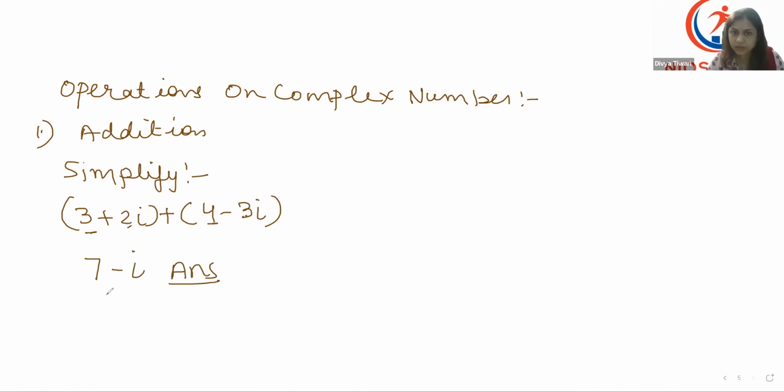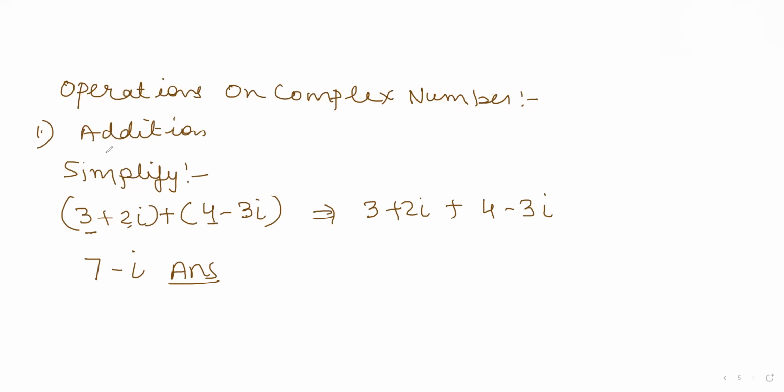Neha, is it clear? If we open this bracket, what do we get? 3 plus 2i. Here also I open this bracket, then I will get 4 minus 3i. As I told you, in order to add or subtract, we have to perform the operations on the same kind of numbers. That is, the real number will be added to or subtracted from the real part, and the imaginary part will be added to or subtracted from the imaginary part only.